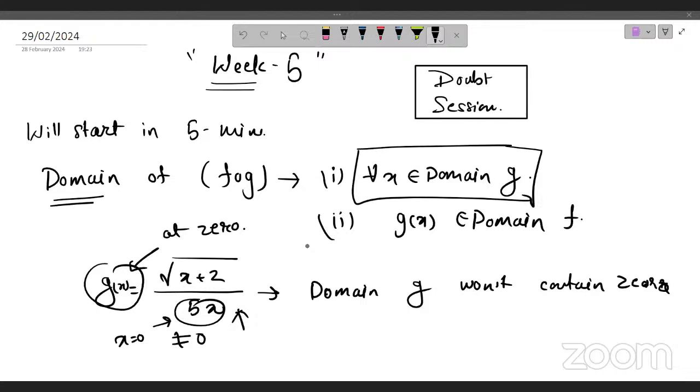I made sure that g of x does not turn undefined, because that would break the whole thing. And also I made sure that g of x does not become 0, because if g of x becomes 0, then when we put 0 into f of x, which is 1 by x squared, that would become undefined. Those are the two properties that I am aware of, and that's how I try to solve it.